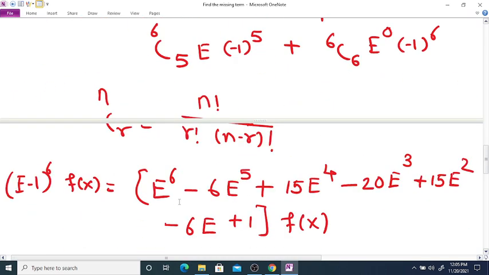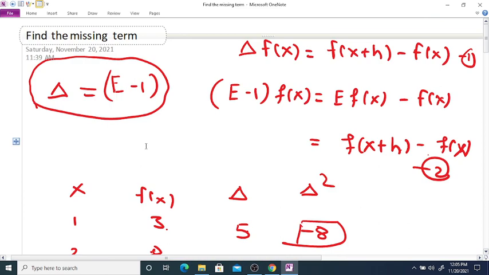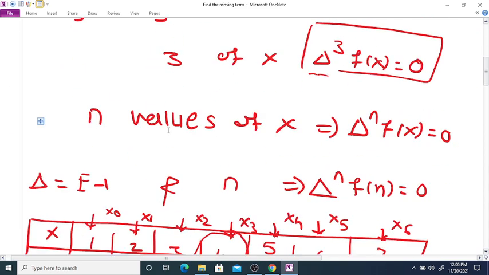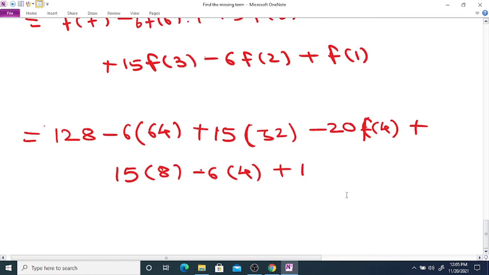There is one correction here: 2 raised to 1 is 2, not 1.